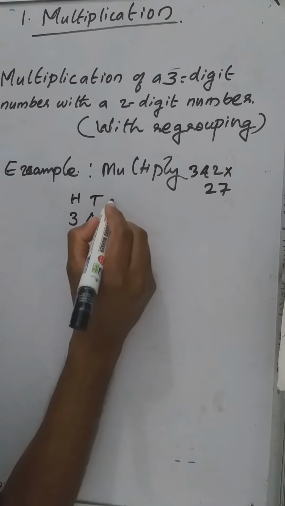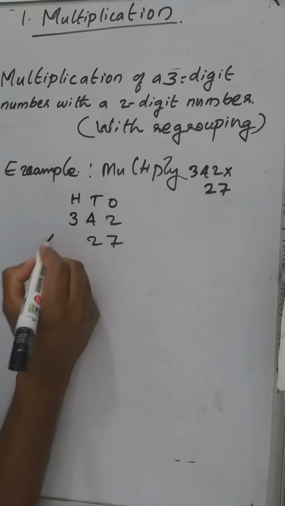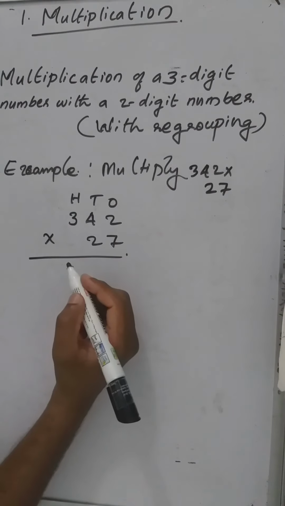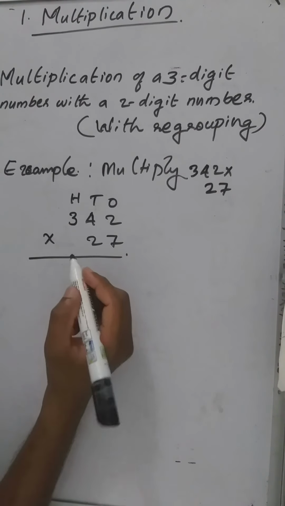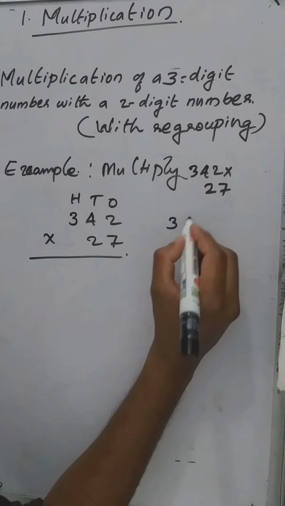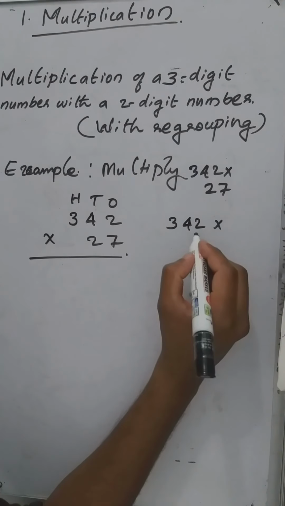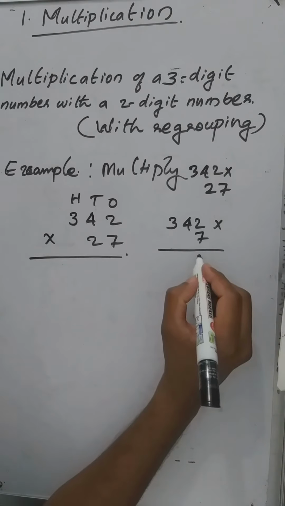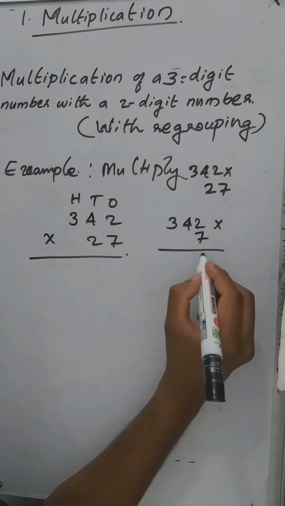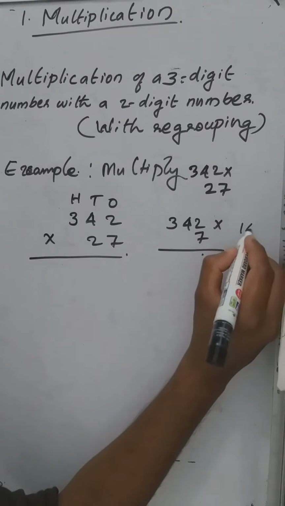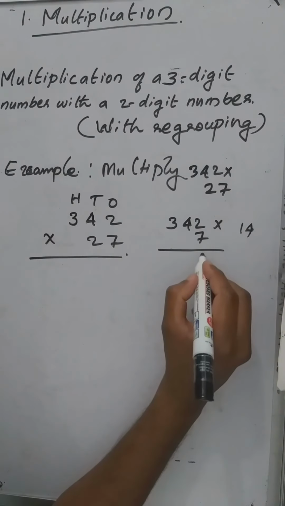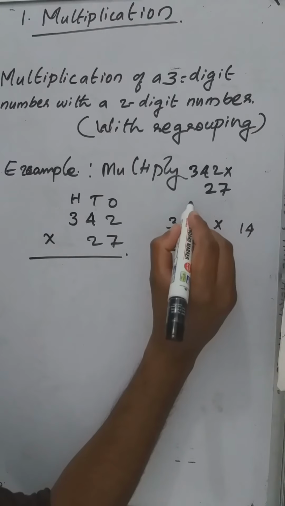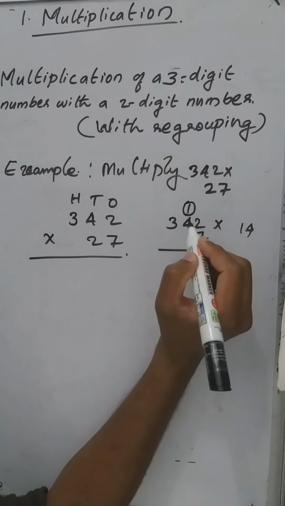Hundreds, tens and ones place. At first we have to multiply 7 by 342. So 342 multiplied by 7. 7 2s are 14.